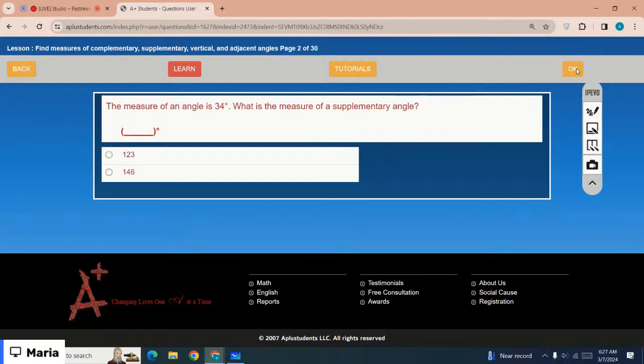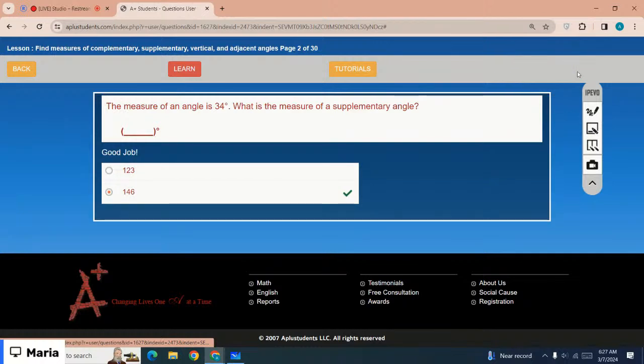The correct option is 146 degrees, right? Because 34 plus 146 makes 180. So the correct option is 146.